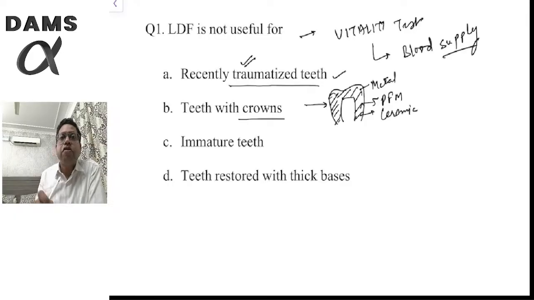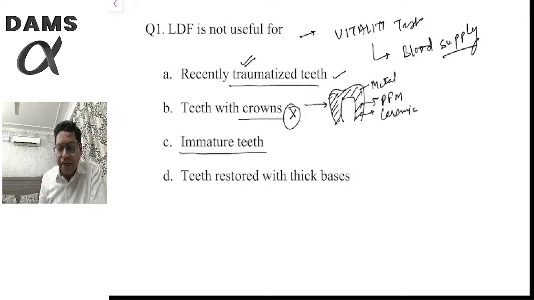So the laser light would be reflected back and we get false signals from the gingival tissues, etc. So the disadvantage of laser Doppler flowmetry is that it can be used only on natural tooth structure. Here the natural tooth structure is not available, so we cannot ascertain the vitality status of a pulp in a tooth with full coverage crowns with LDF. So definitely this cannot be used.